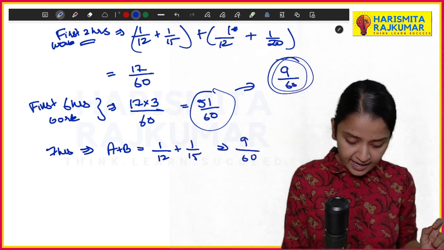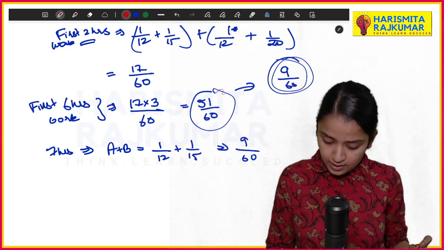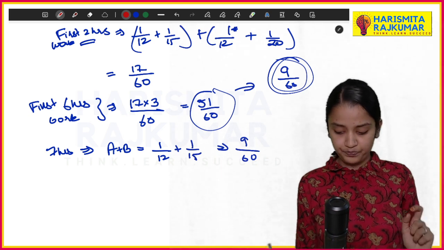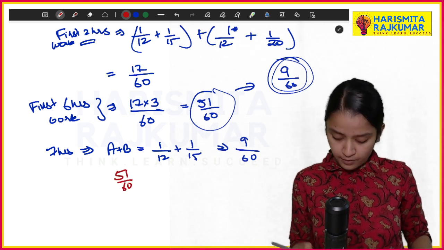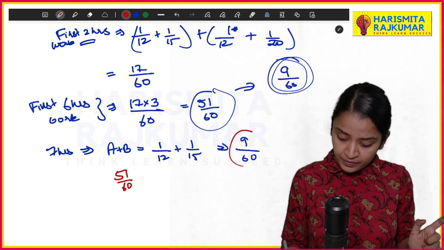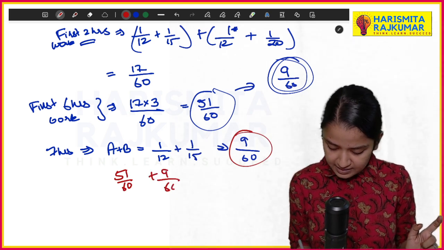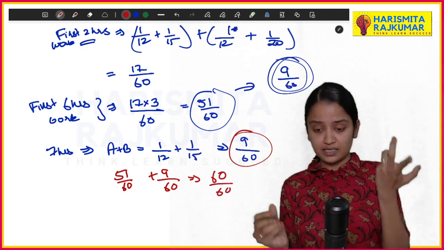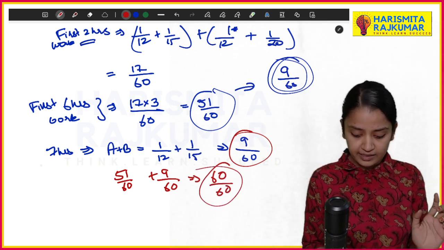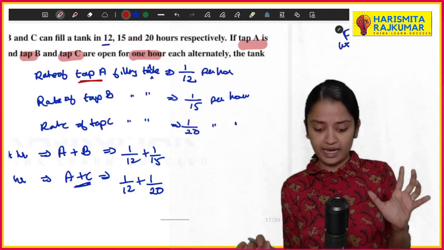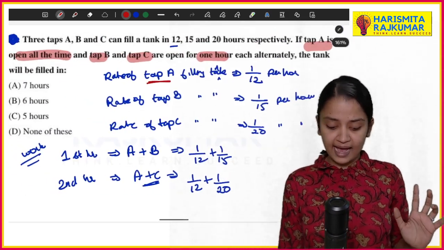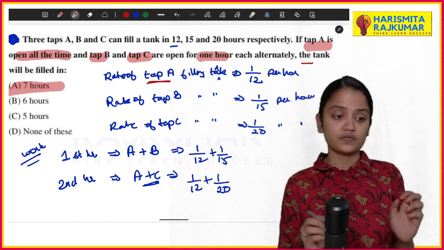When I add 51 by 60 and 9 by 60, I get 60 by 60, which means my full tank is filled in 7 hours. They are asking in how many hours the tank will be filled. The tank is filled in 7 hours.